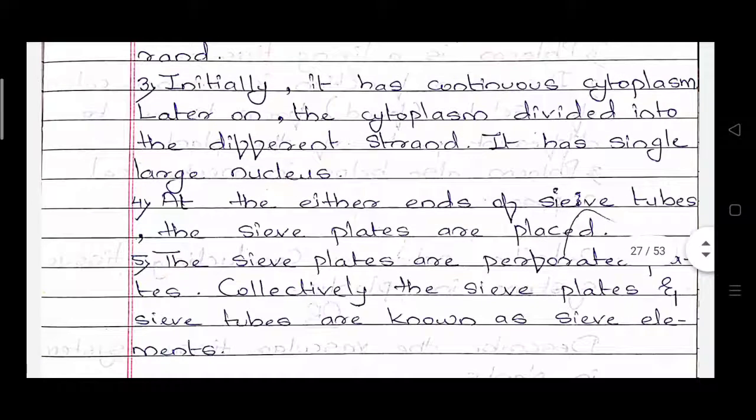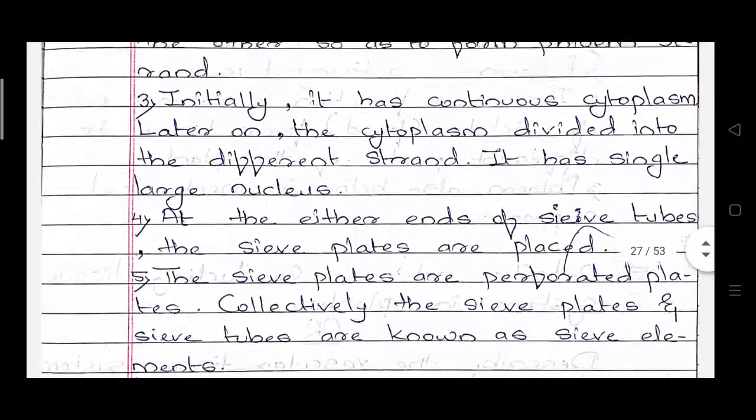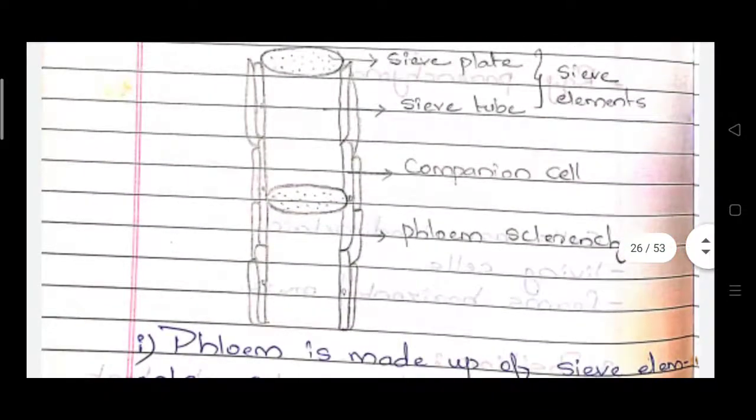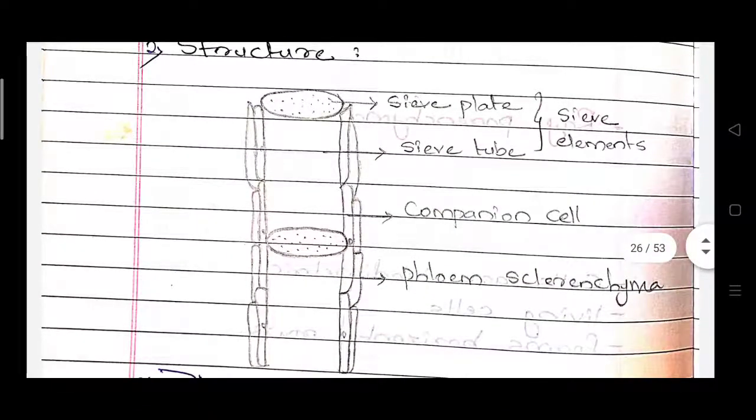These sieve plates are perforated plates, and collectively these sieve plates and sieve tubes are known as the sieve element. In the first figure, this is the figure of the phloem. You have to see the sieve plate and sieve tubes in the upper part.